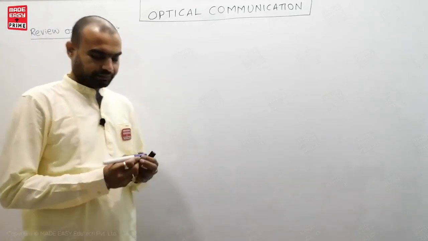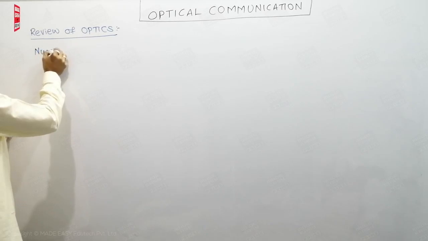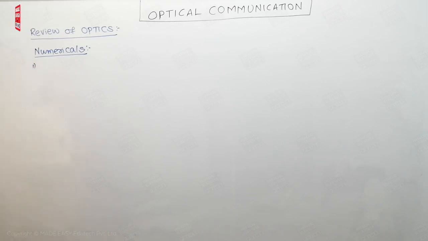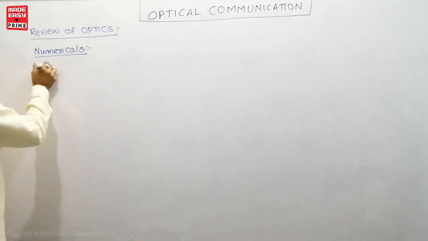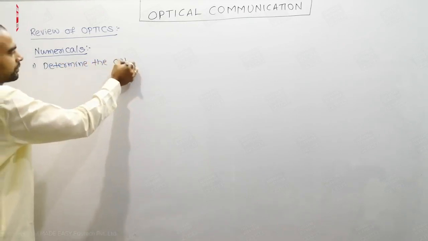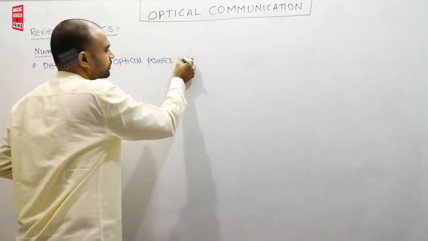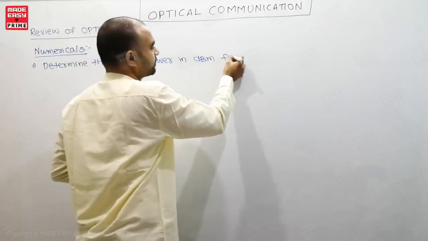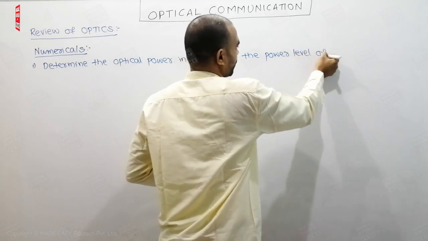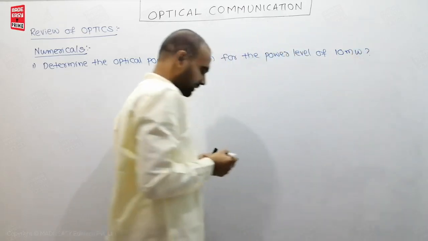So we'll see the numericals and review of optics. Talking about the numericals, the first question: determine the optical power in dBm for the power level of 10 milliwatts.